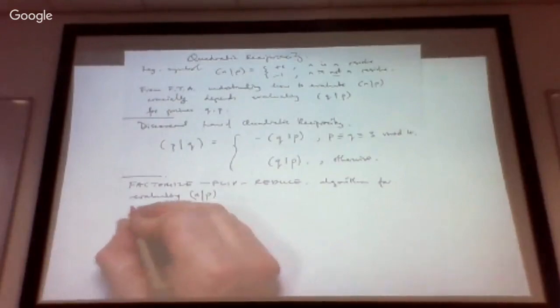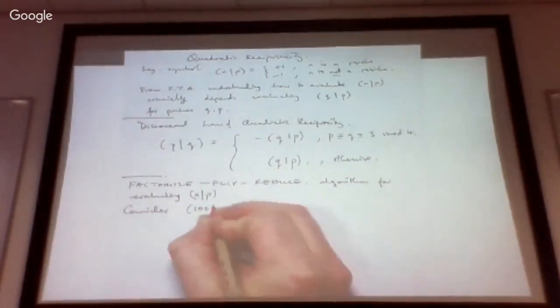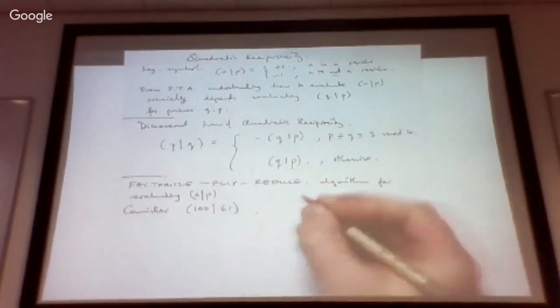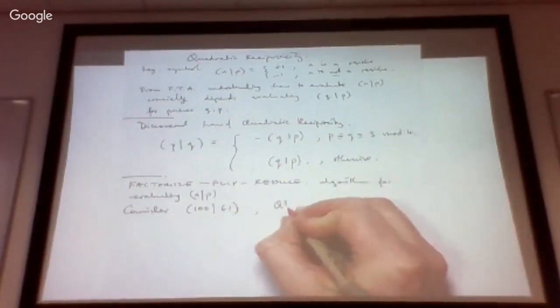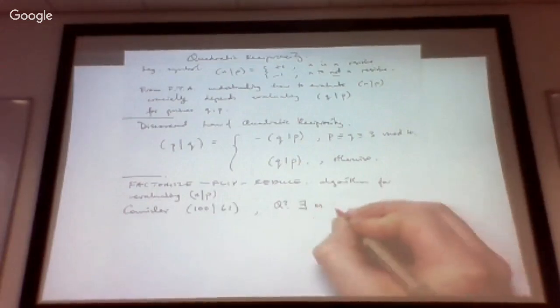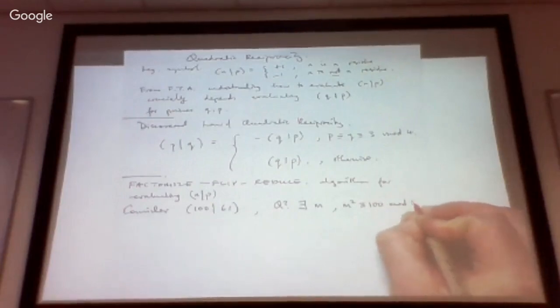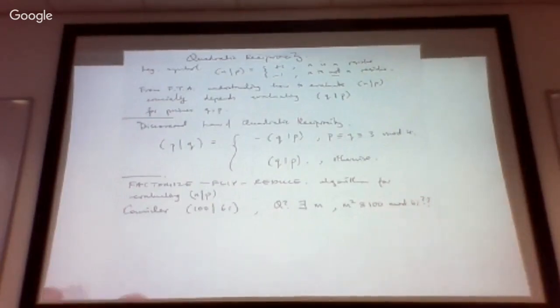So consider 100 modulo 61. The question is, does there exist an m such that m squared is congruent to 100 modulo 61? Is 100 a quadratic residue modulo 61 or not?